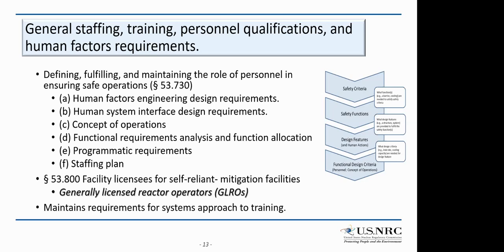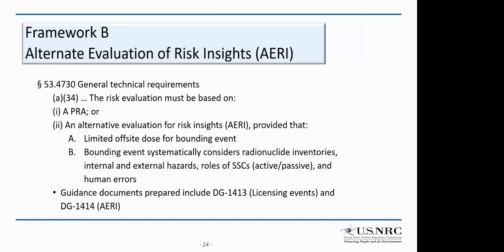And under this scheme, the NRC would not be conducting the licensing exams of reactor operators and senior reactor operators, but they would receive an NRC license based on the facility providing the training and doing the exams and so forth. And the last bullet there, within Part 53, we really stress the importance of a systems approach to training.